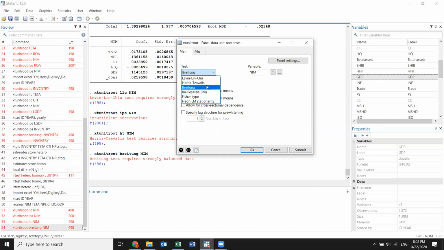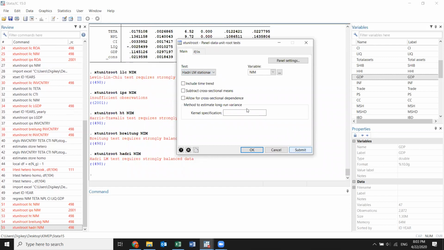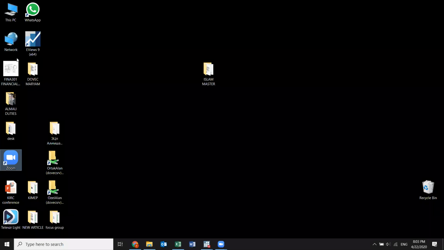That's why I have many missing values. That's why it doesn't take into consideration the stationary. So in your case, it should give the results. Okay, guys? But if I do it in EViews, it should give me, but the Stata doesn't take account. So this is the advantage of EViews. It does calculate the stationarity here.